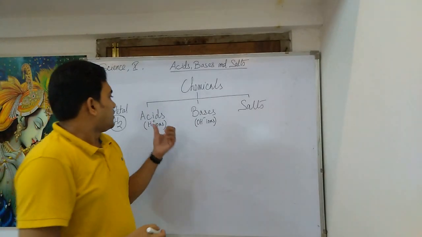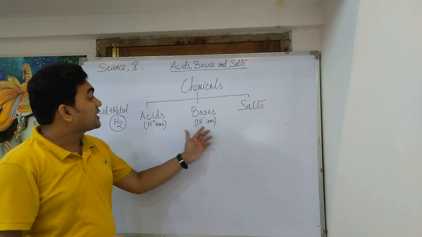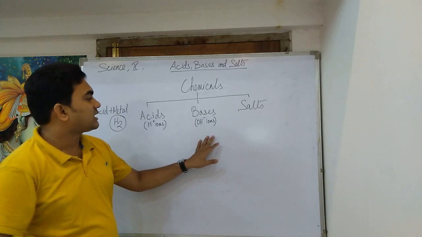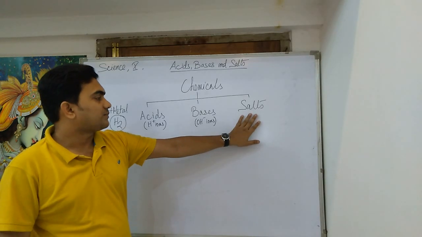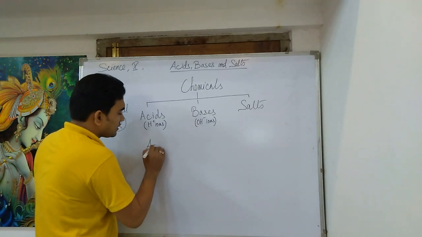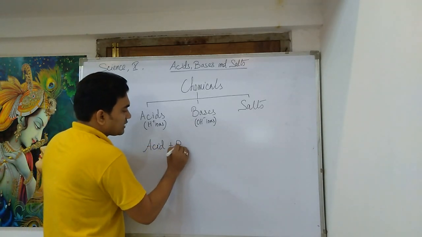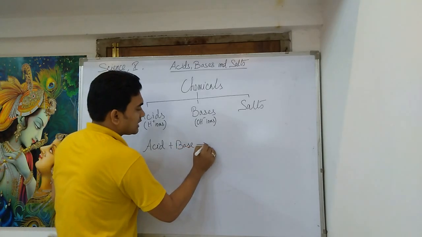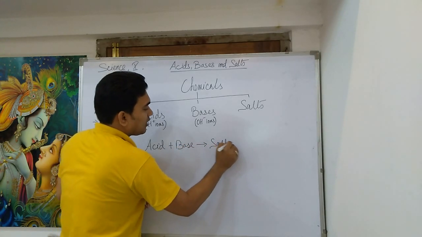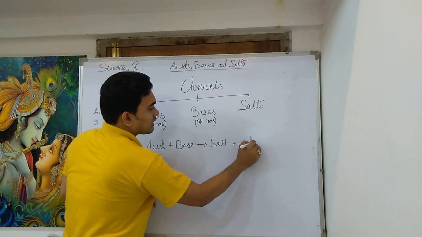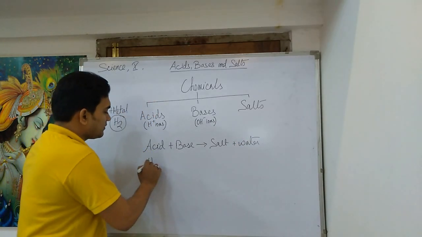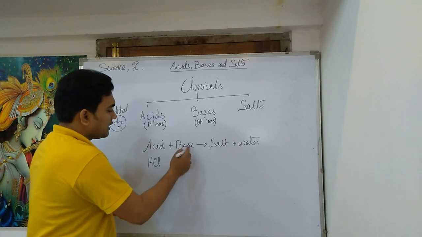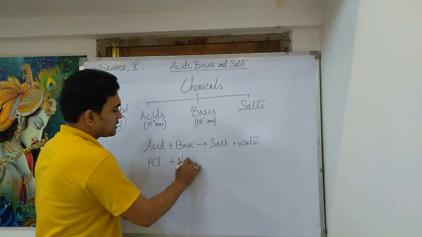Now, when acids and bases react together, they give out a neutral substance called salt, along with water. Let us take an example. Let us take a very common acid, HCl, and a common base, NaOH.